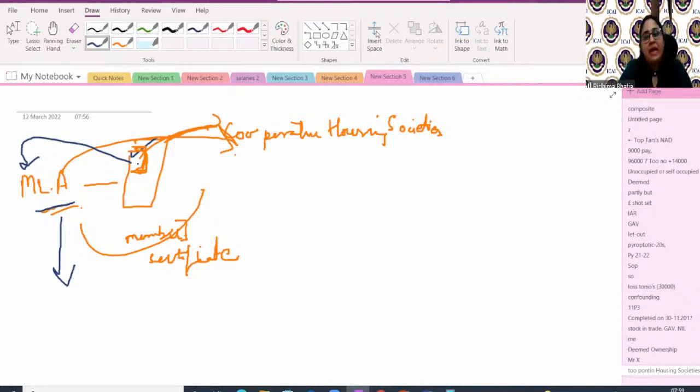Because of that concept, they give it as an exception. Every part of the Act has a relevance. Why such a thing is there or why such a thing is not there.